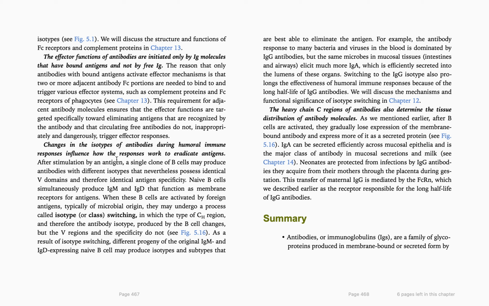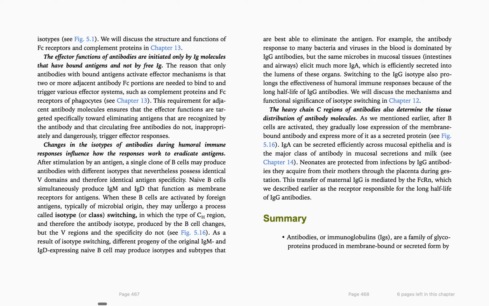Changes in isotypes of antibody during a humoral immune response influence how the response works to eradicate antigen. After stimulation by an antigen, a single clone of B cells may produce antibodies with different isotypes that nevertheless possess identical V domains and therefore identical antigen specificity. Naive B cells simultaneously produce IgM and IgD that function as membrane receptors for antigen.